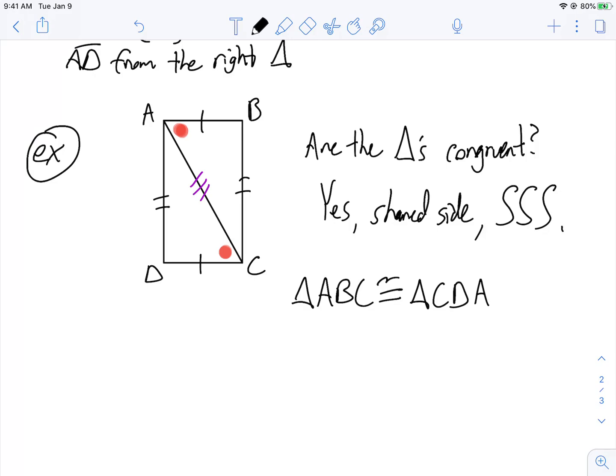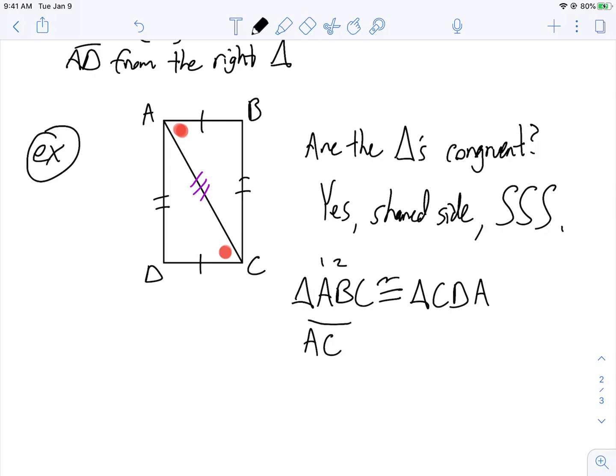Now, when we talk about this shared side, from triangle ABC, this upper triangle, or the triangle on the right, this shared side is AC. We'll call it AC. AC from this triangle is going to be congruent to, well, on the triangle on the left, or this lower triangle, AC, this is going to be CA, right?